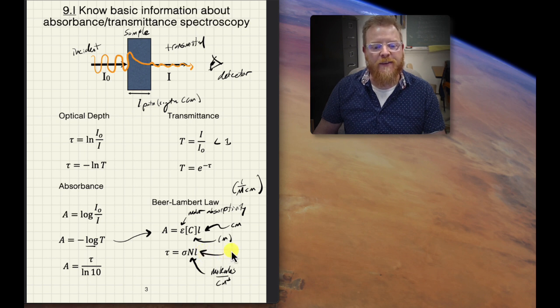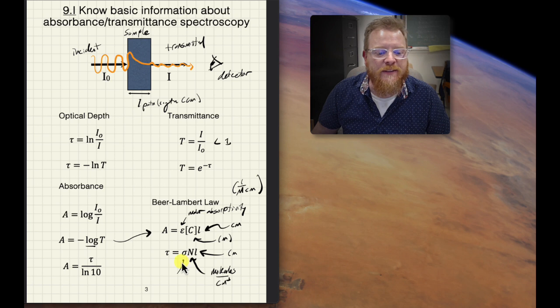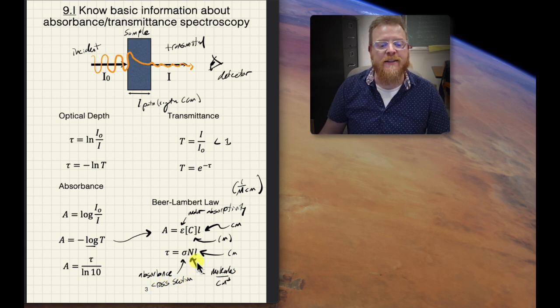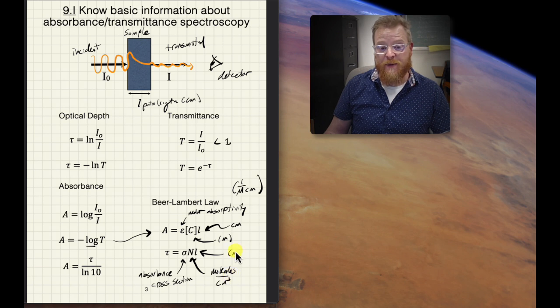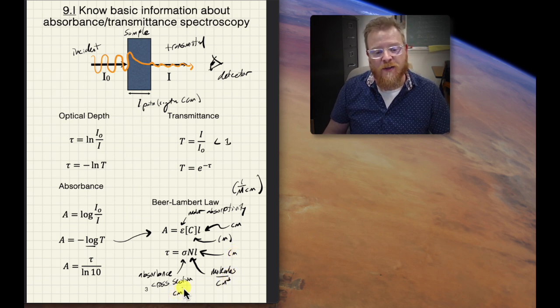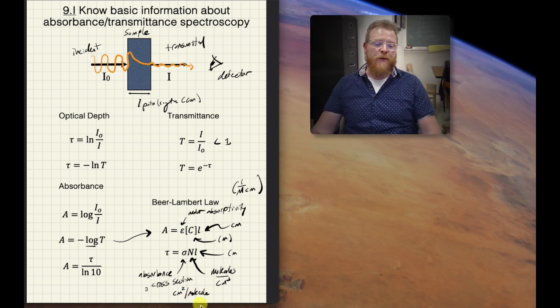The path length is still given in centimeters. And now that means this sigma, that is our absorbance cross-section, because now, as you might guess, with the centimeters canceling one of the centimeters here, that's going to have units of square centimeter per molecule.